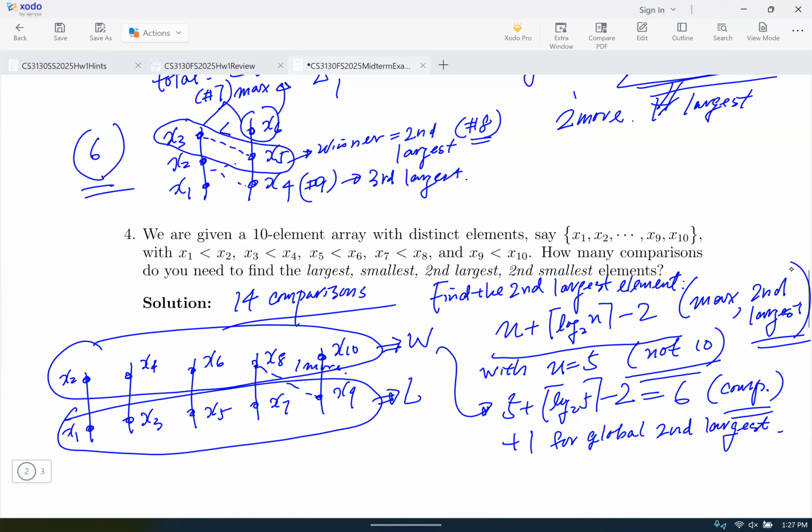So you need 7 as the subtotal. For the losers group, you do the same thing, another 7. So you double that 7 and you get 14.